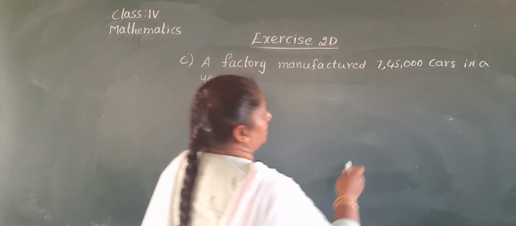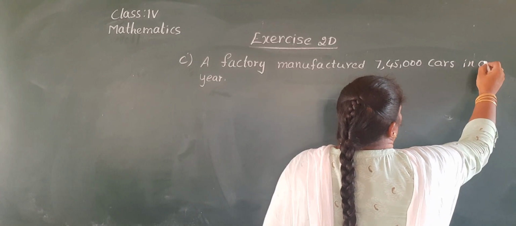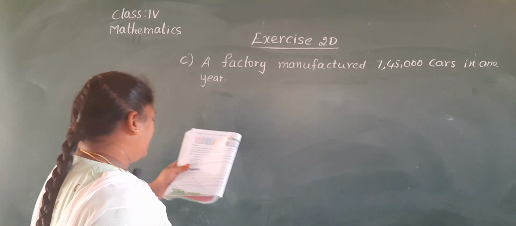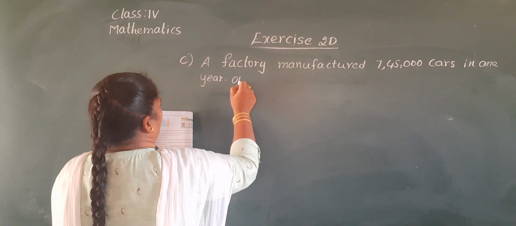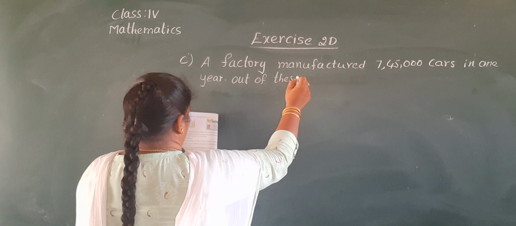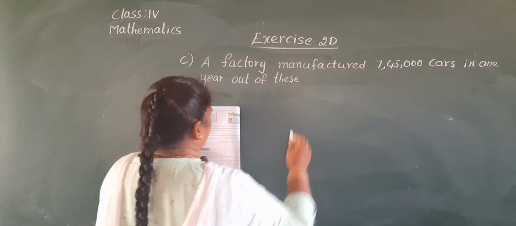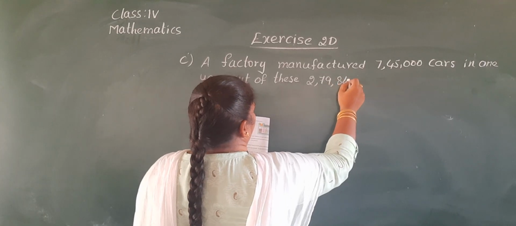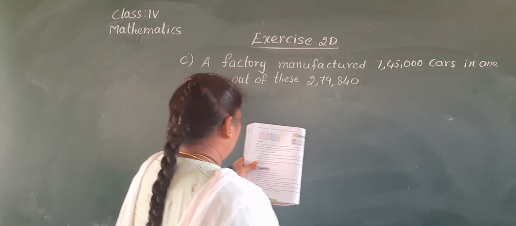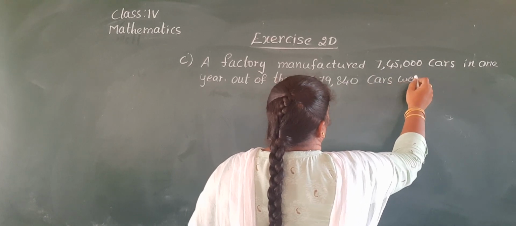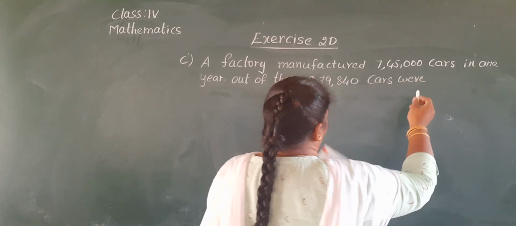In 1 year, Nana. In 1 year. Okay? In 1 year, out of these 2,79,840 cars were white in color.